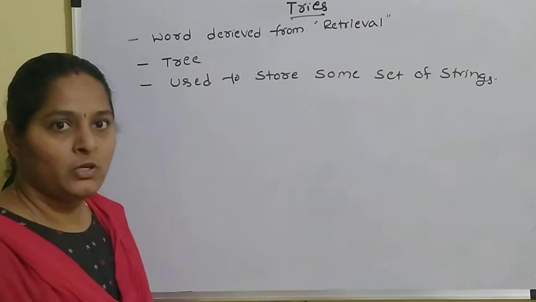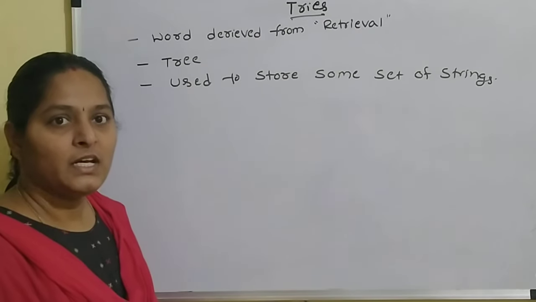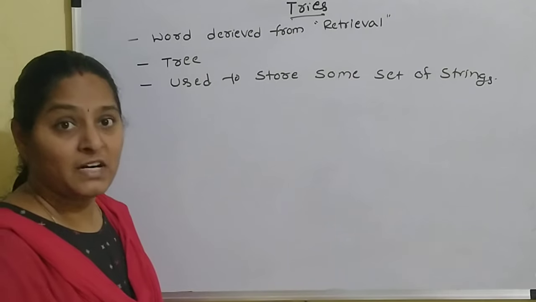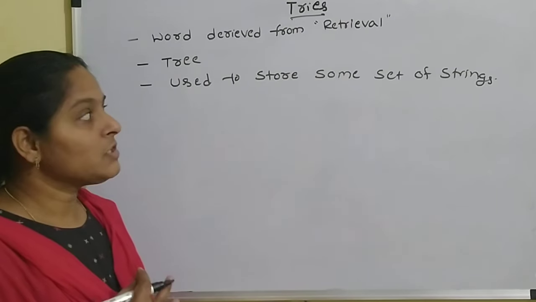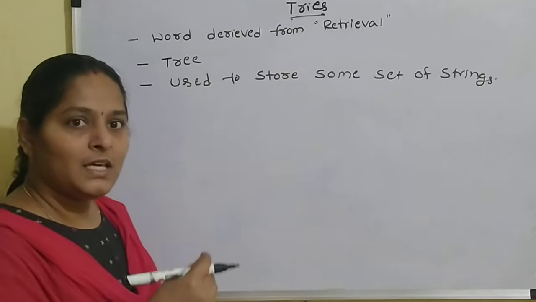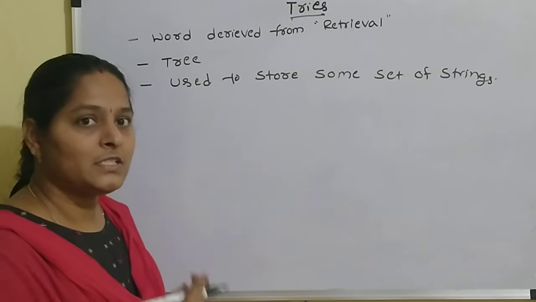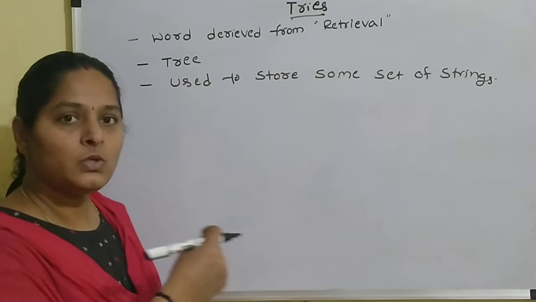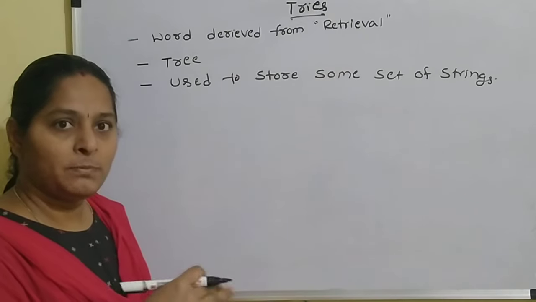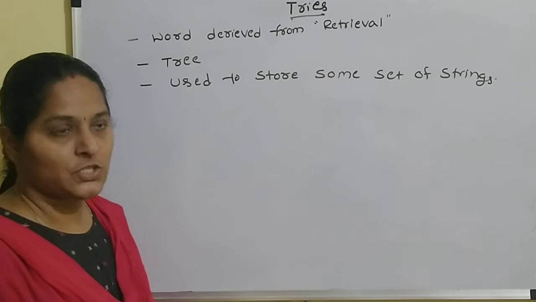I hope you know the tree terminology: what is a root node, what is an internal node, what is the height of the tree, and what is a path of a tree. After constructing the trie with a set of strings, each and every path represents one string. From the root node to a leaf node, there will be one string. Each path refers to one string.